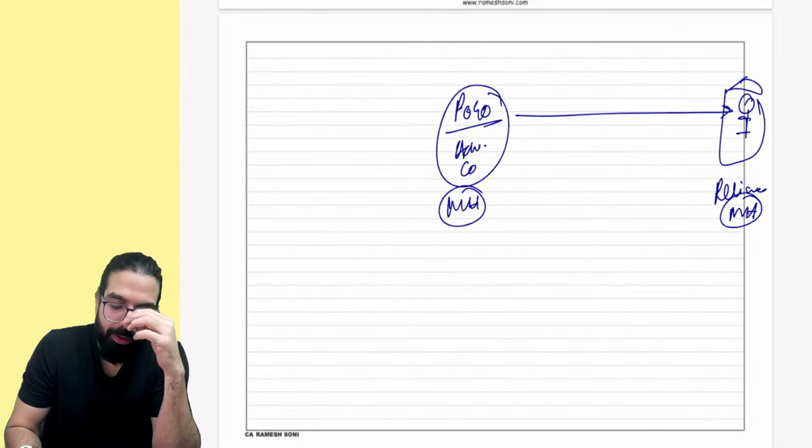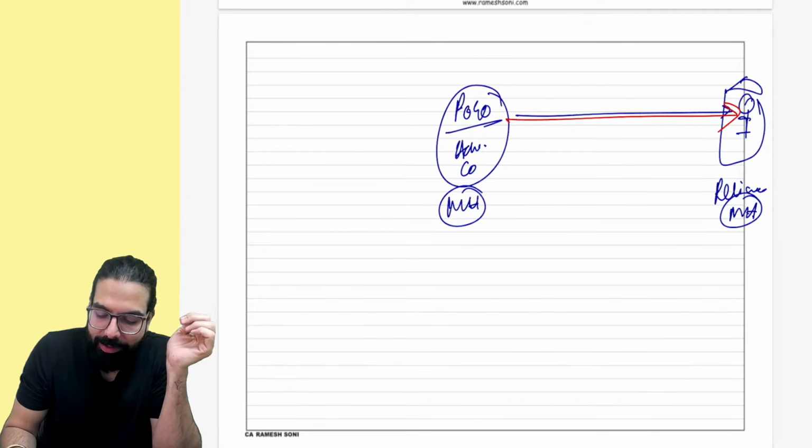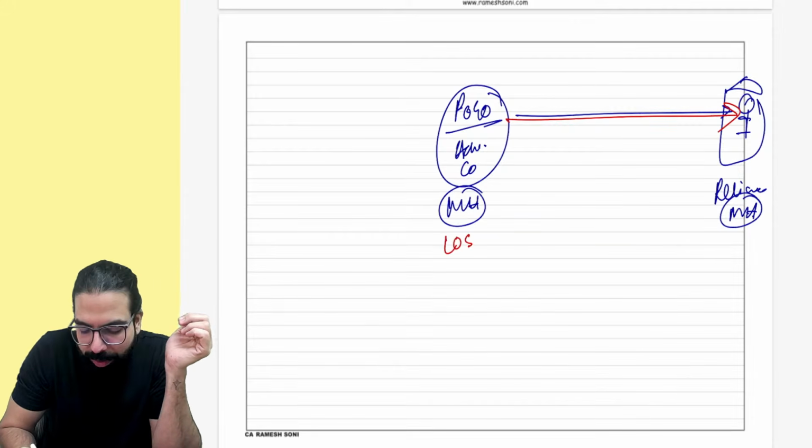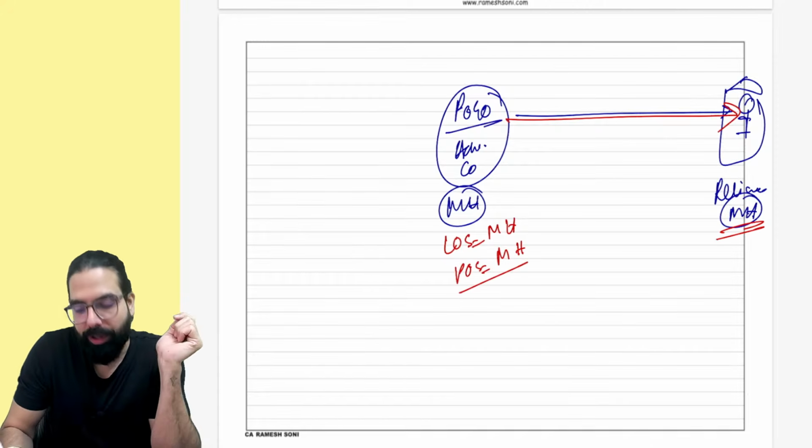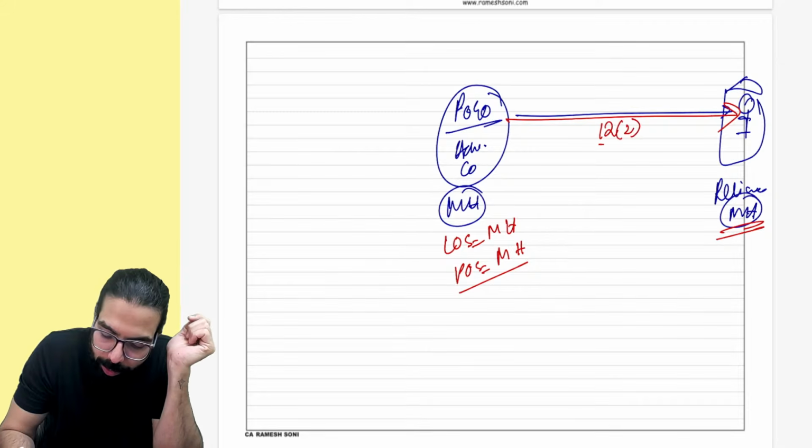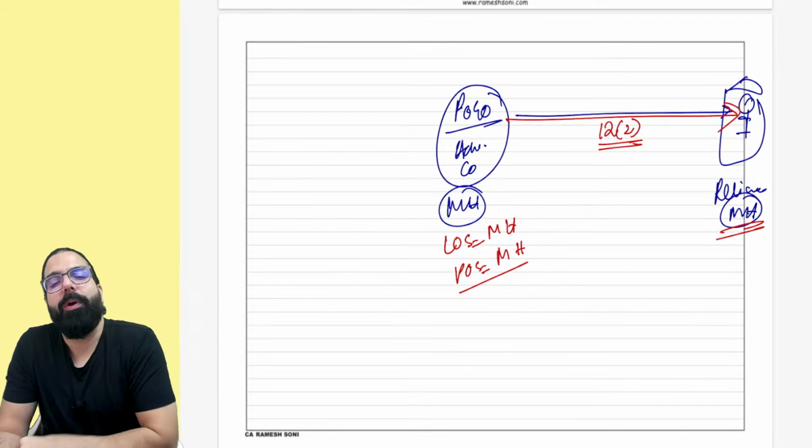If I give it to Reliance, Reliance is a registered person, the location of supply is Maharashtra. What will be the place of supply? Place of supply also will be Maharashtra because that's the registered person's location. Here, section 12(2) will be applicable. Is my point clear to all of you?